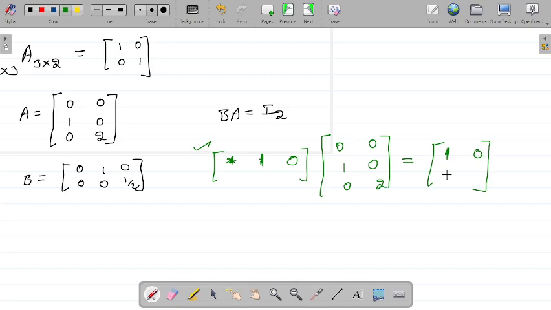And here I want it to be 0 1, so definitely you multiply with 1 by 2. That's it. Okay, so now if you ask me for the left inverse of this matrix, we do not have just one, we have infinitely many left inverses for this matrix.